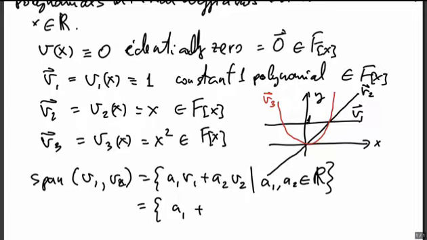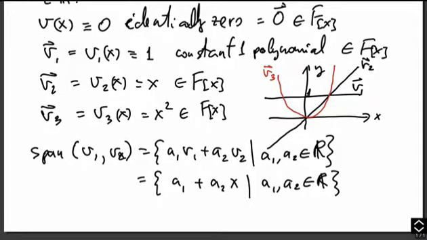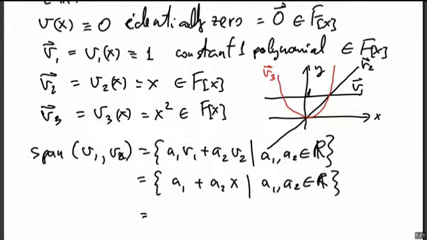And v2 is the x function, so you get a2x, where a1, a2 are real numbers. And then if you look at this a1 plus a2x, we usually use a different notation for this that should make it easy to identify.